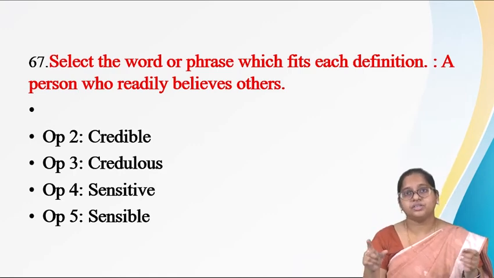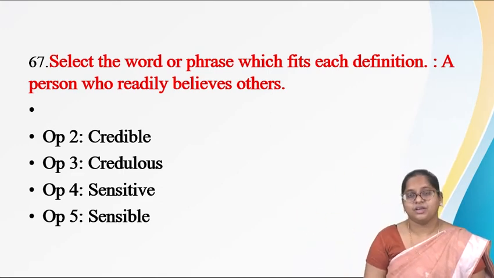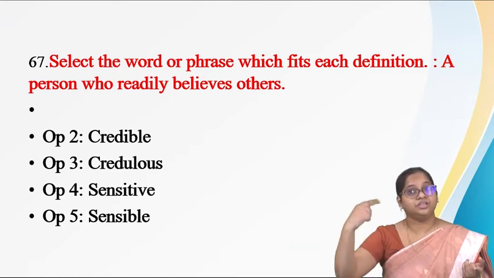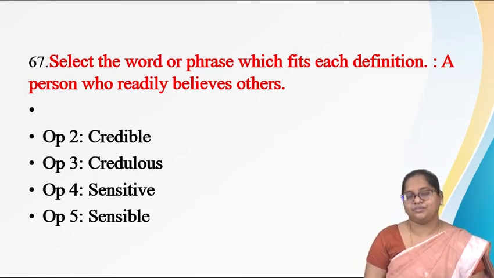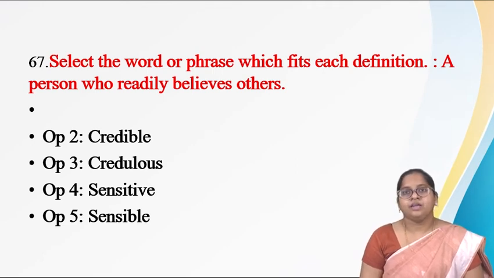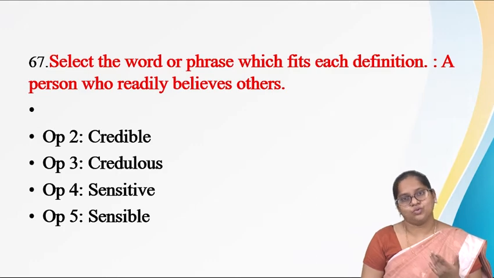Here the question is about a person who readily believes others. So option 2 will not be the answer, because that is something that can be believed, but here the question is about someone who believes everything very easily. Option 3, credulous: somebody of a credulous nature, who believes others very easily.